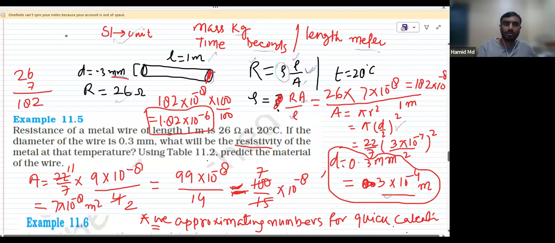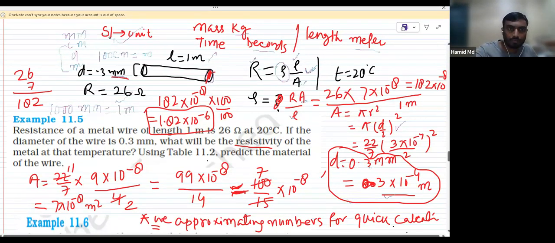See, millimeter, centimeter, decimeter, meter. 100 centimeter is 1 meter. Similarly, 1000 millimeter is 1 meter.